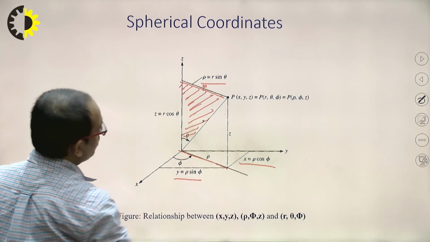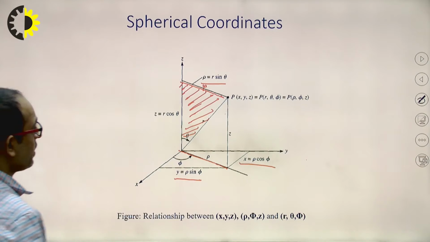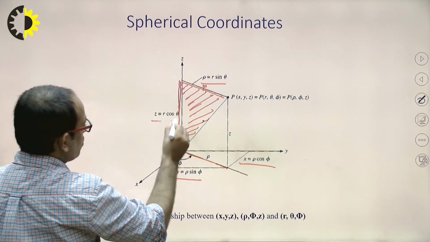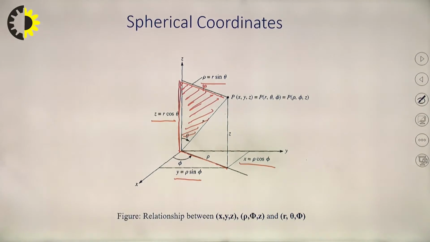So rho equals r sin theta, and z equals r cos theta.